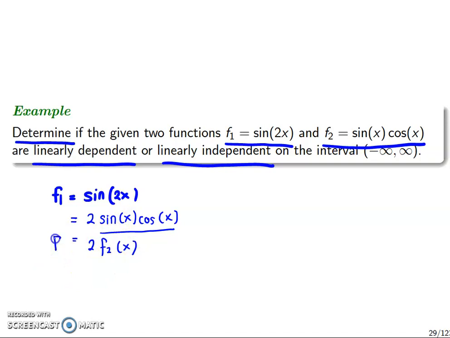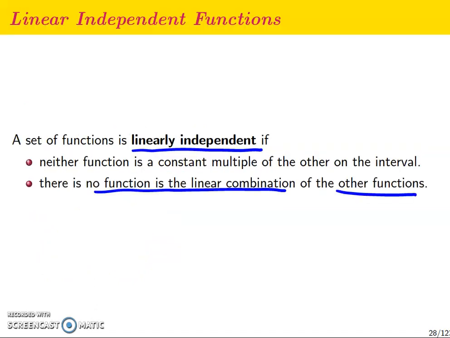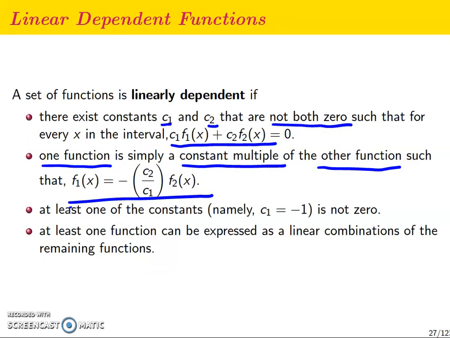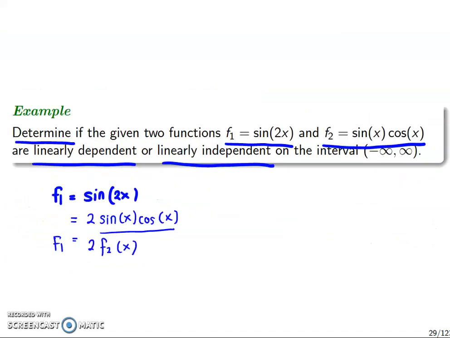So this is one example where we can say that f1 equals 2 times f2(x), because by the definition of linearly dependent, at least one function can be expressed as a linear combination of the remaining functions, or one function is simply a constant multiple of the other function. So we say that this is linearly dependent.